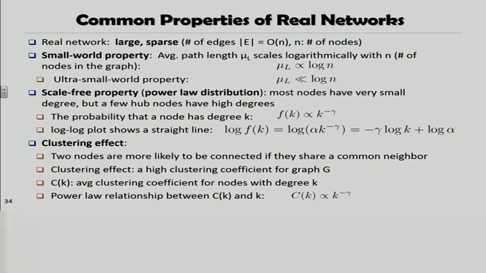For example, if you have 10 neighbors and these 10 neighbors are all mutually connected, almost a fully connected graph, then it's highly clustered. The clustering coefficient is 1. But in reality, of course, it's impossible that everybody is connected. Some potential edges will be missing, so your clustering coefficient is always less than 1.